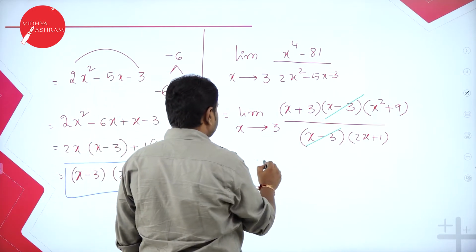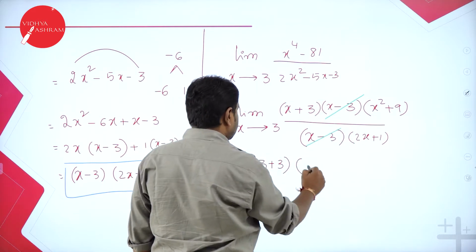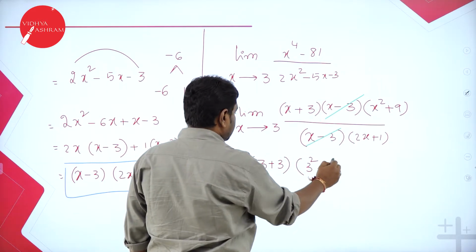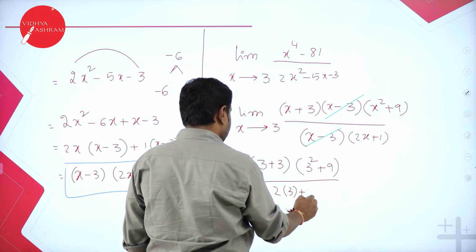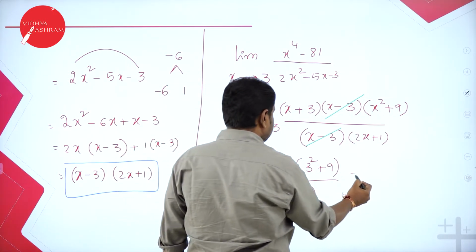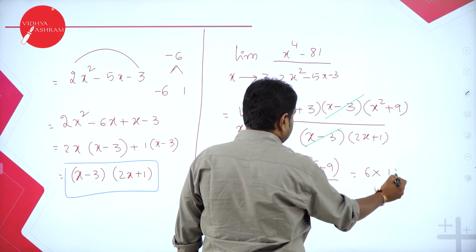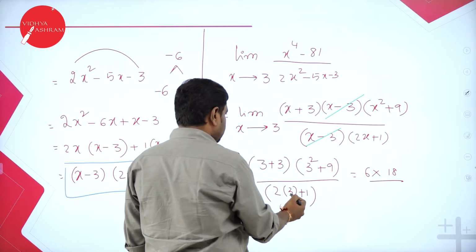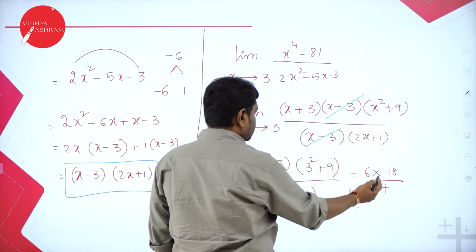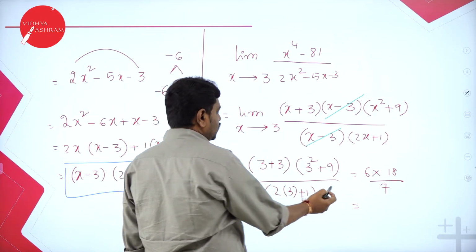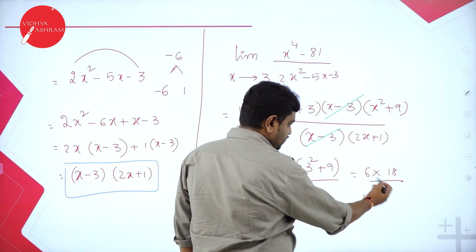So here this will become 3 plus 3, and this is gone, and now this is 3 square plus 9 divided by 2 into 3 plus 1. 3 plus 3 is 6. 3 square is 9, 9 plus 9 is 18, divided by 2 into 3 is 6, 6 plus 1 is 7. Further you cannot simplify this.